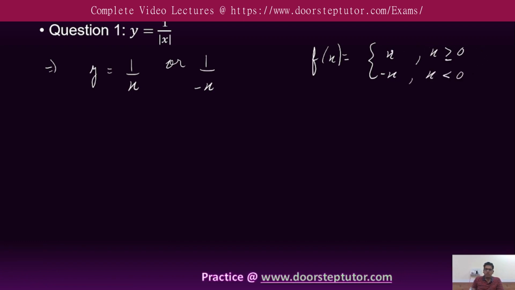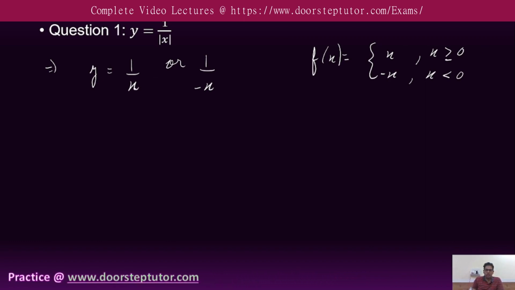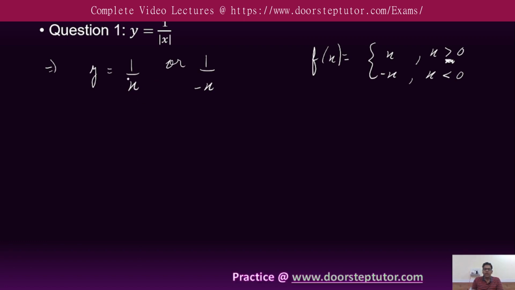So if the value of x is greater than or equal to 0, here the value of x will not be equal to 0, because if the value of x is 0, then the whole function is not defined. So the value of x will not be 0.